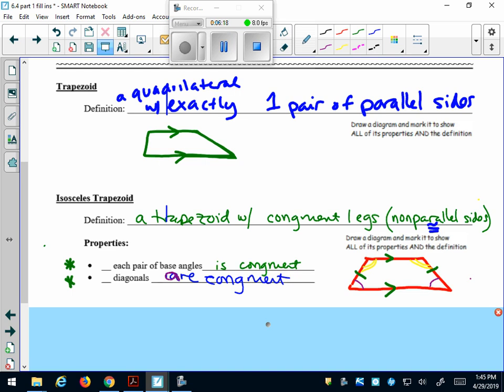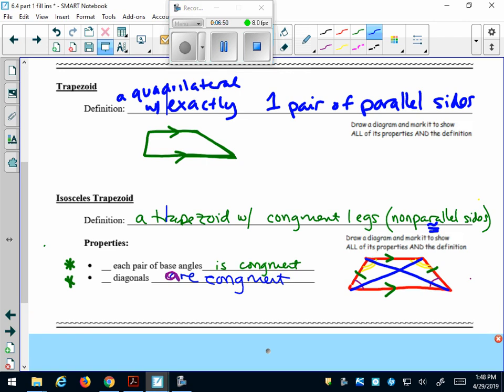But the other thing that happens is that diagonals are congruent. What was the other shape that had congruent diagonals? Rectangle, which includes squares also, right? That's the other one that has congruent diagonals.